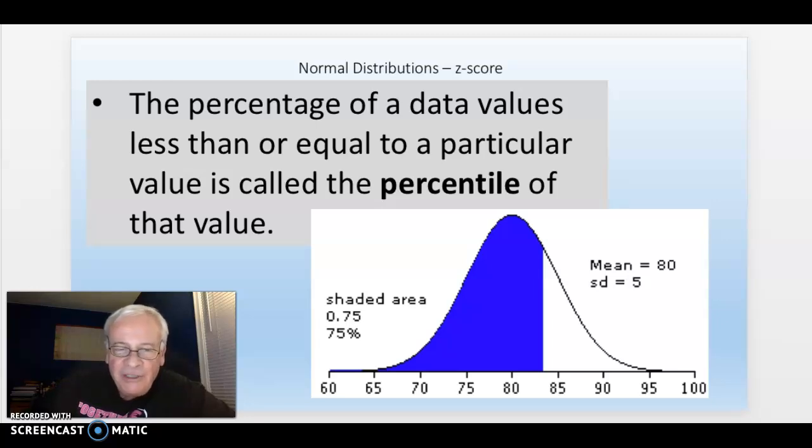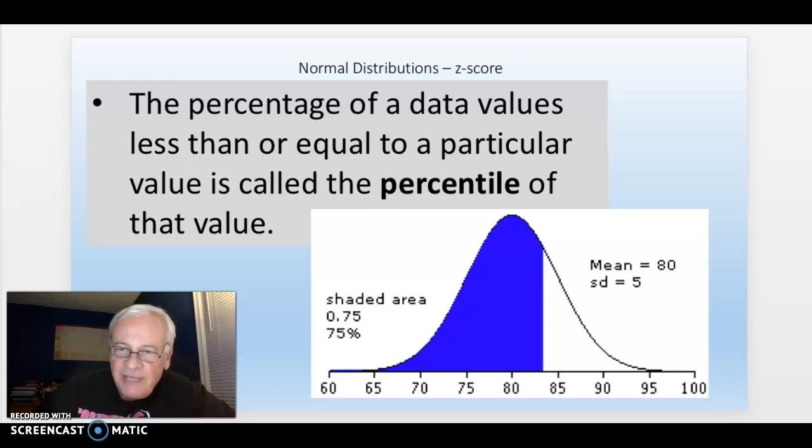All right, there's also something called a percentile. The percentage of data values that are less than or equal to some particular value is called the percentile of that value. I just wanted to point that out. Again, that is another vocabulary word.